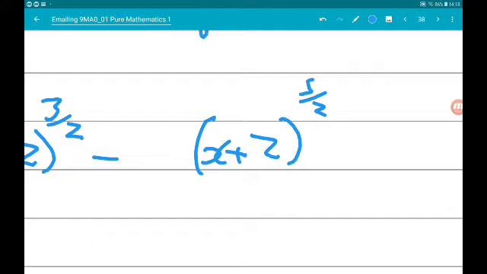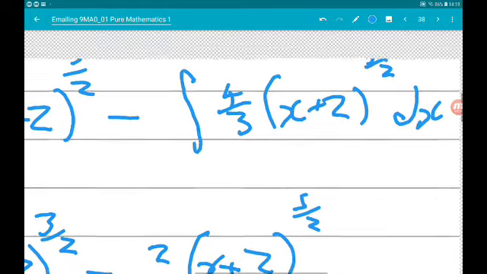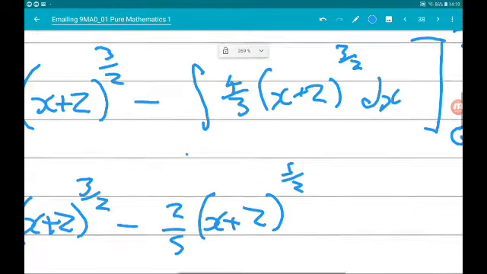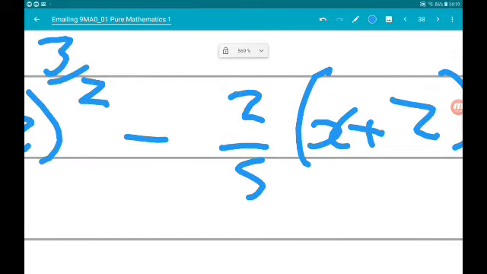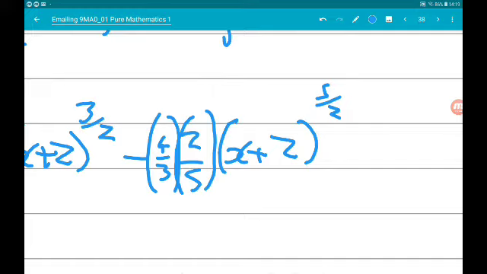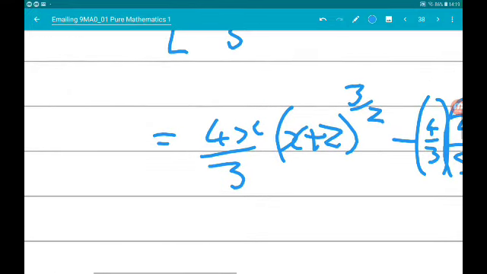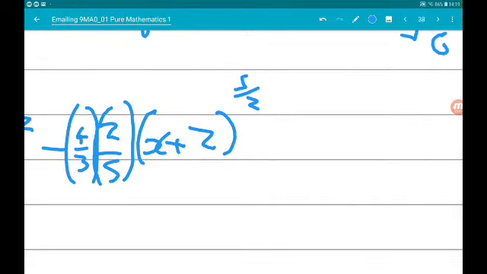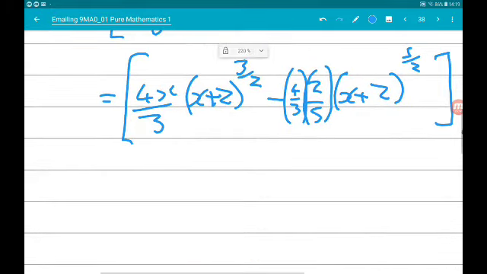It's the same as multiplying by 2/5. Now don't forget the 4/3 that we had there on the outside too. So we get minus 4/3 times 2/5 lots of the bracket to the 5 halves. And again, that's all between 0 and 2.